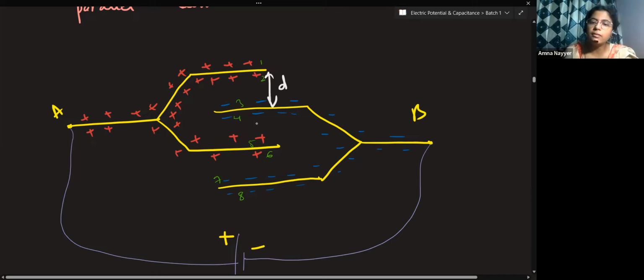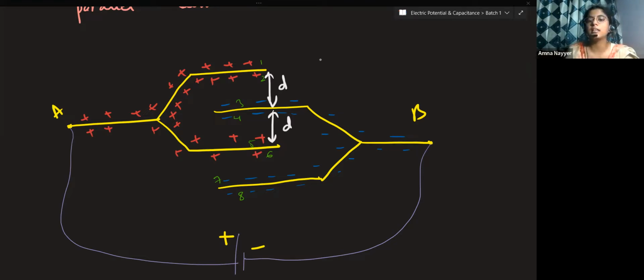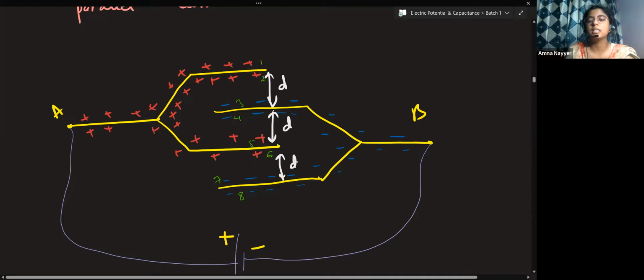Similarly, look at plate number 4 and plate number 5, a negative plate connected to a positive plate. Let's say this separation is D, another capacitor has been formed. Then 6 and 7 are connected there. So this becomes D. So 3 capacitors are there.